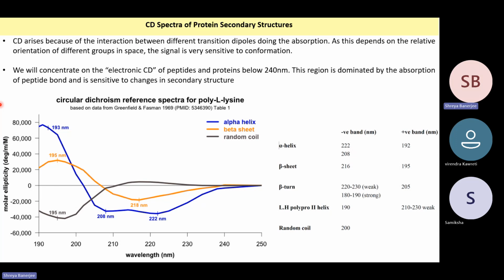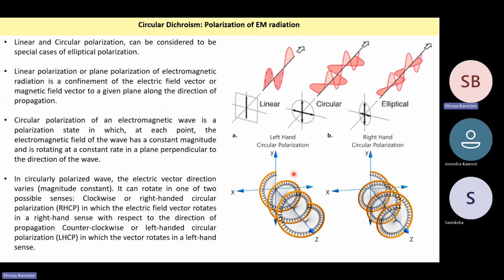Again, you don't need to understand the details of how it is happening too much. You just remember that in circular dichroism, first the light is circularly polarized. That is, two light rays in perpendicular directions are allowed to pass, one in the x direction, one in the y direction, and initially the magnitude is equal.